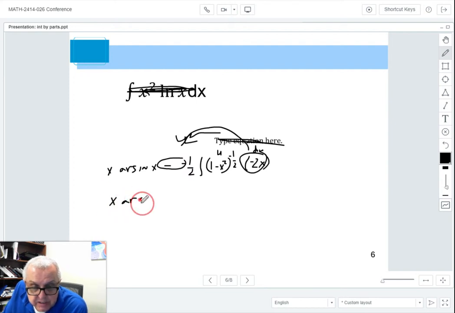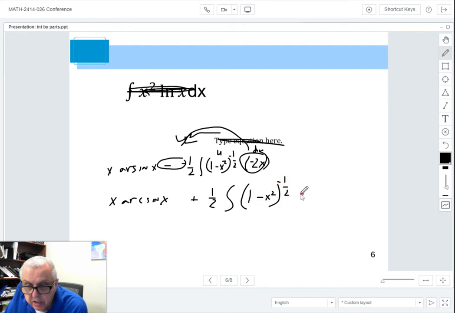X arc sine x plus 1/2, integrating 1 minus x squared to the negative 1/2 times minus 2x. Once again, this is u to the negative 1/2 and du.